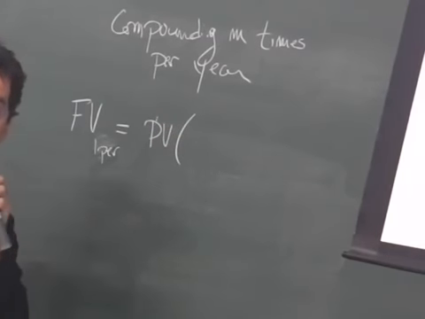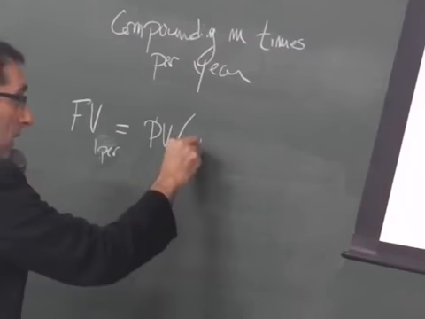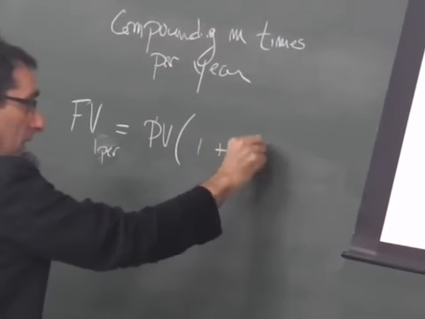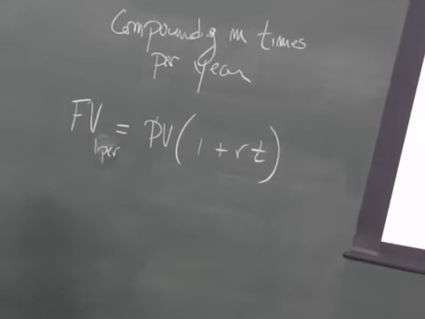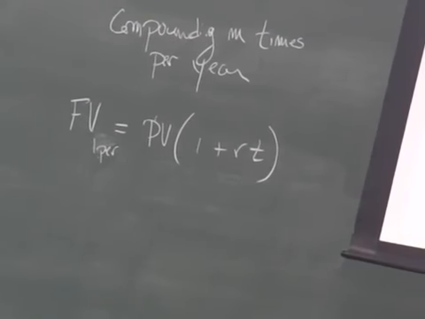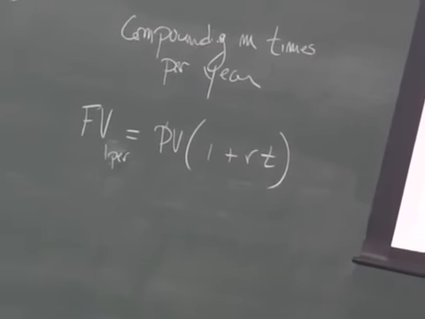What's the formula for simple interest? 1 plus RT. Okay, but there's something wrong here. By the way, do I have the right formula here? Let me just make sure. I forgot to check this, so let me do it.